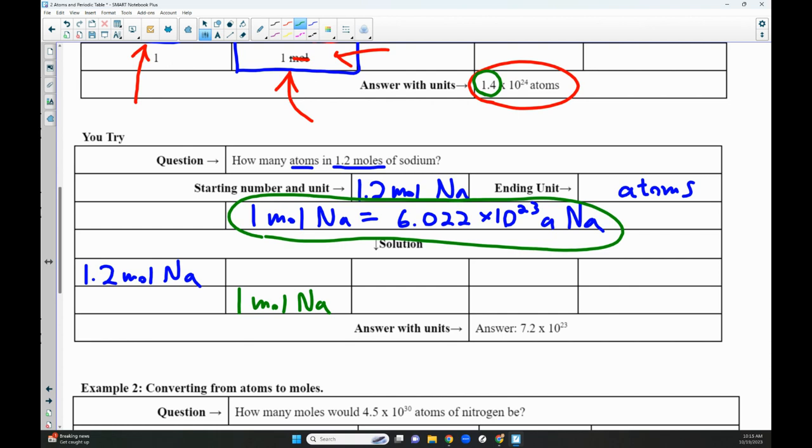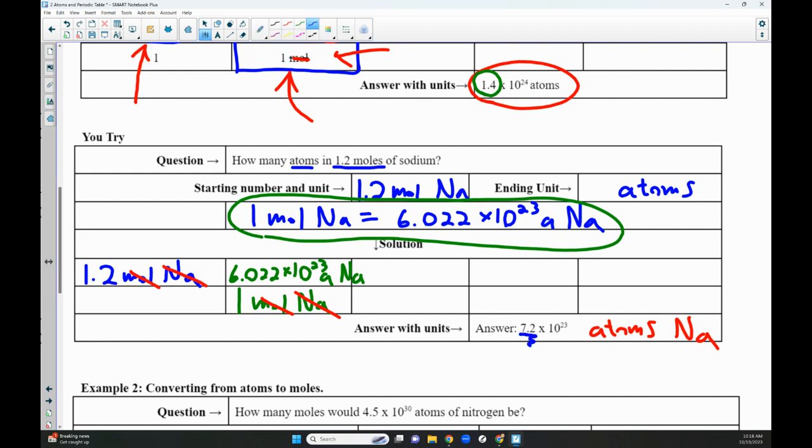On top, I'm going to put what that 1 mole is equal to, which is 6.022 times 10 to the 23rd atoms of sodium. Arranging the conversion factor like this allows me to cancel out moles of sodium and leaves me with an answer in atoms of sodium. And that answer is 7.2 times 10 to the 23rd, quite a few atoms of sodium there.